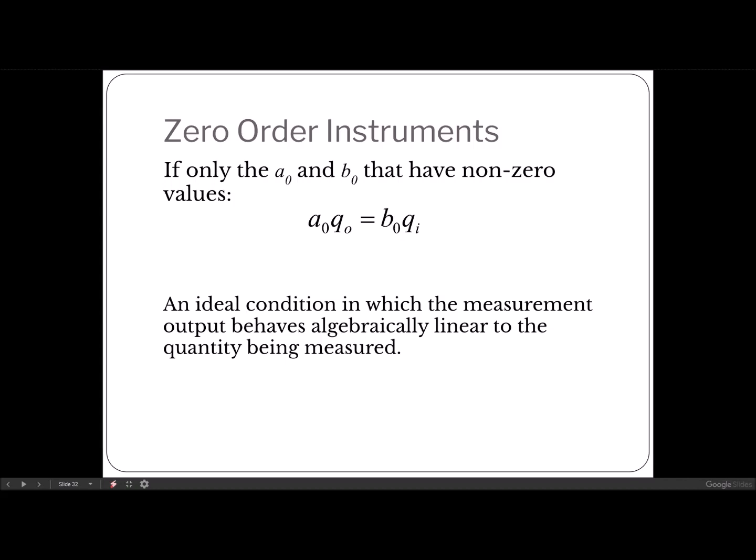This will be the ideal measurement device. But this ideal condition most of the time only happens in our dream. Almost all of the measurement devices are dynamic.